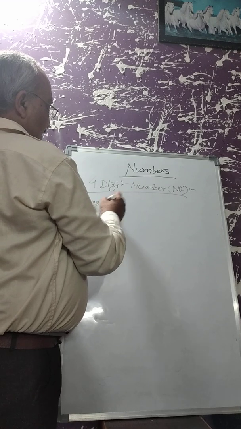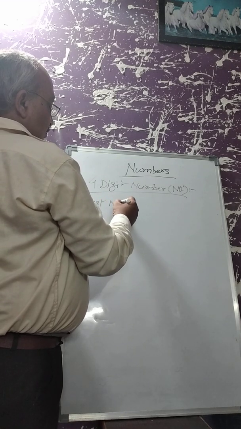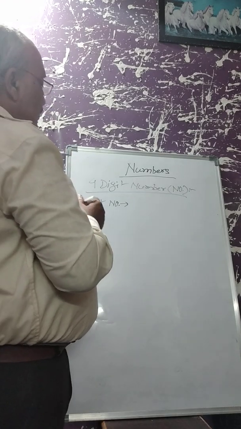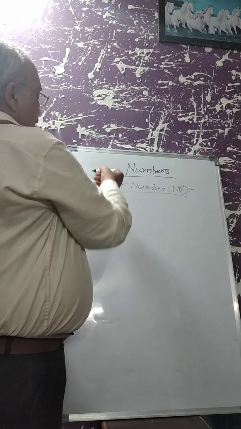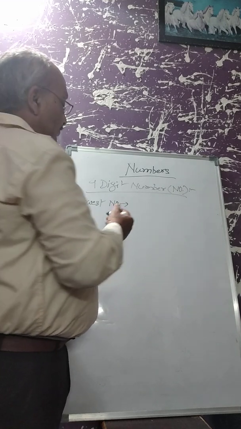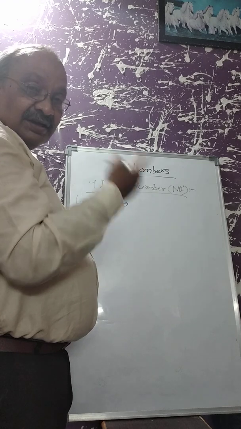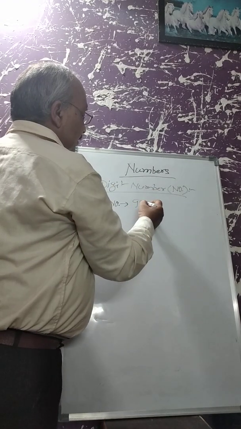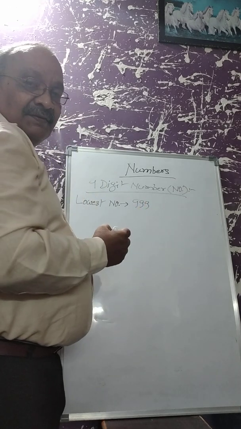How will we be able to find out? Just before this 4 digit number, which digit has come? 3 digit number. And the highest or greatest number of 3 digit, we have seen, is 999.